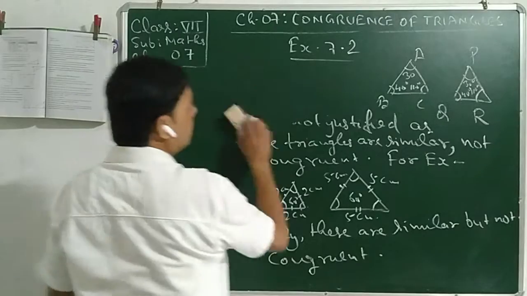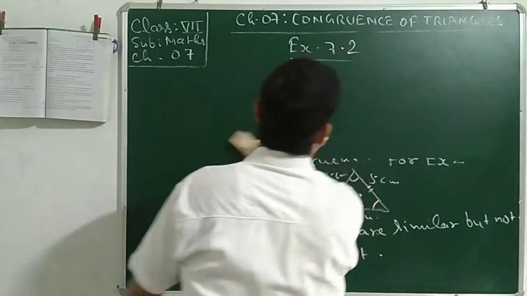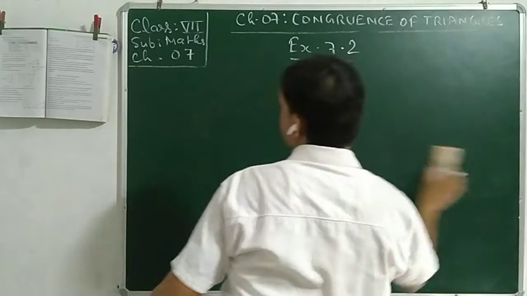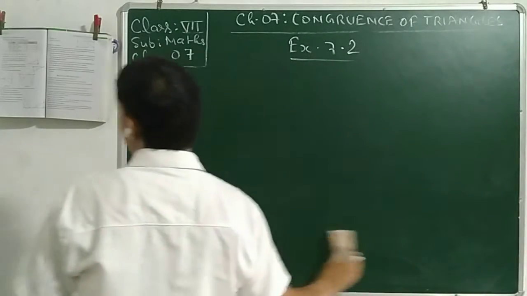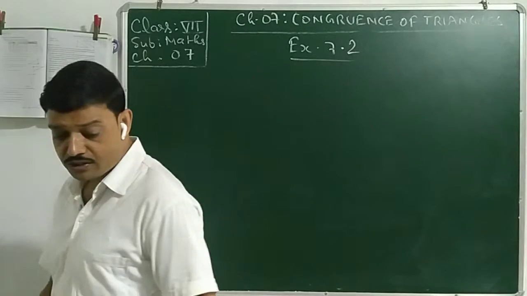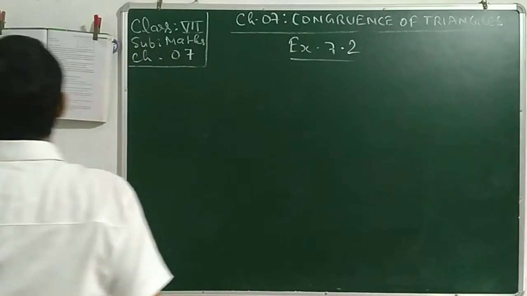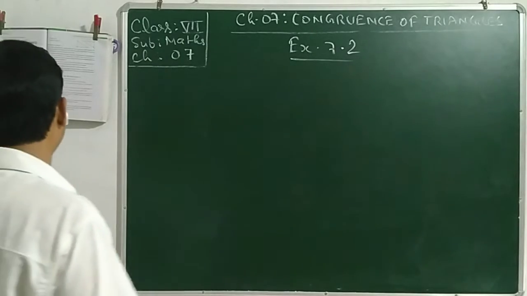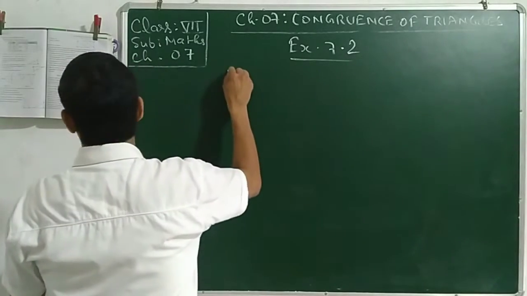See, in the 5th number, in the given figure two triangles are congruent. Two congruent triangles are given there. The corresponding parts are marked when we say triangle RAT in the 5th number.